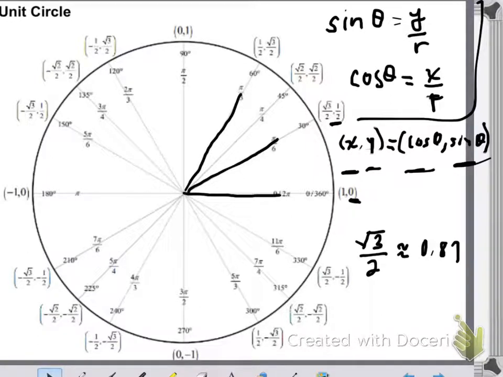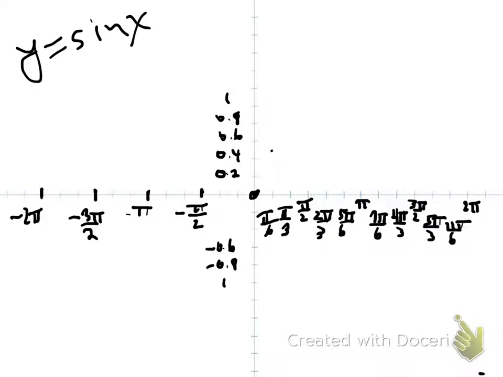So the sine of pi over 3 is going to be, I'm sorry, the square root of 3 over 2. And what's the square root of 3 over 2? That's going to be 0.87. So here is pi over 3, go up 0.87, about right there.